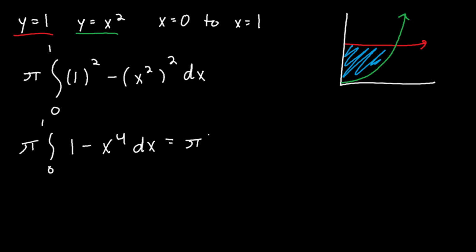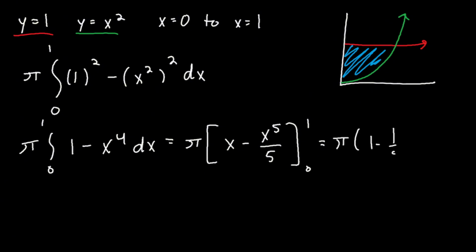If I were to find the antiderivative of this function, the antiderivative of 1 is just x, and the antiderivative of x to the power of 4 is x to the power of 5 over 5. And the bounds are 0 and 1. So let's evaluate this. We plug in 1, so we get pi times 1 minus 1/5. And then 0 does nothing, so this is basically our answer.